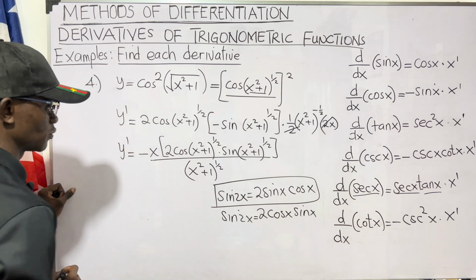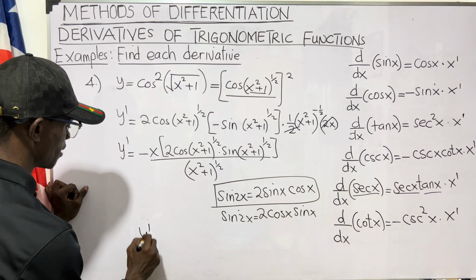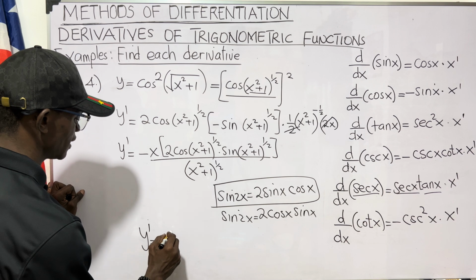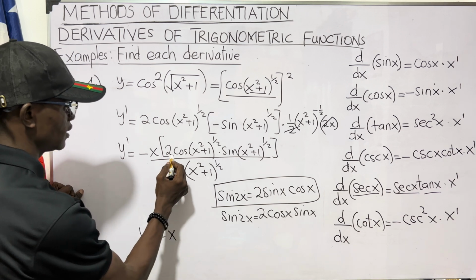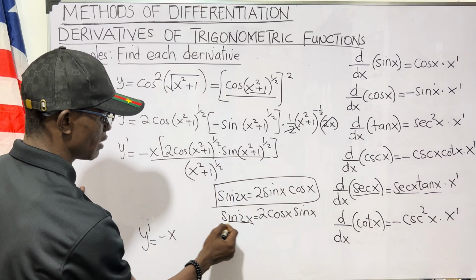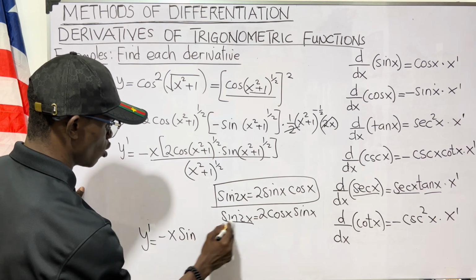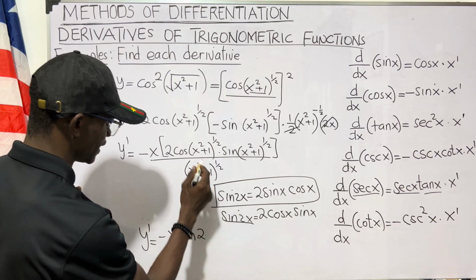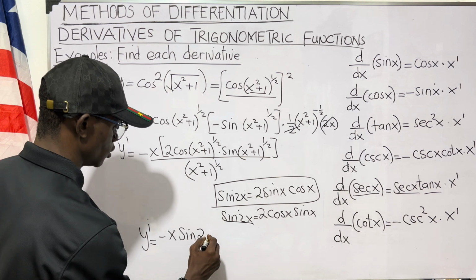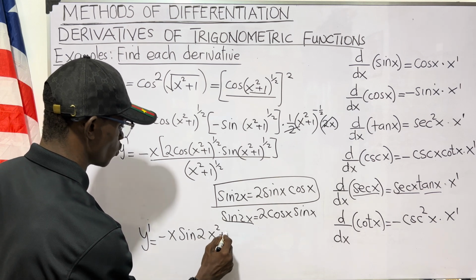So therefore, we can now say y prime equals minus x. What is this whole thing? So this is now sine of 2x. But what is x? x is this angle. So it's now the square root of x squared plus 1.